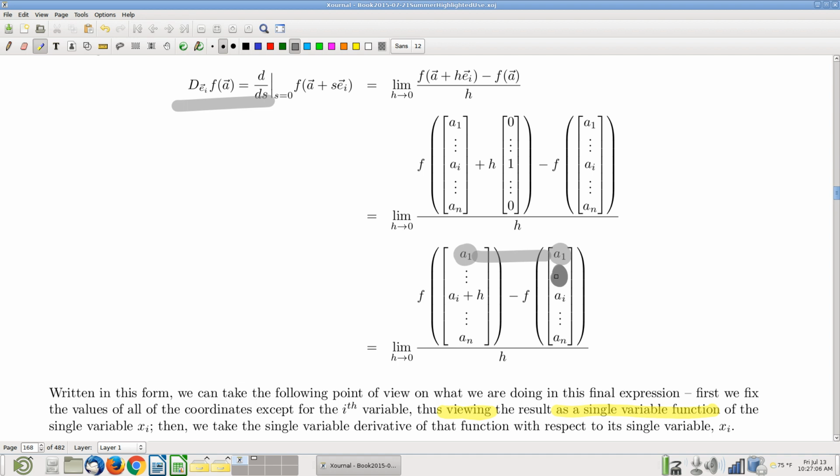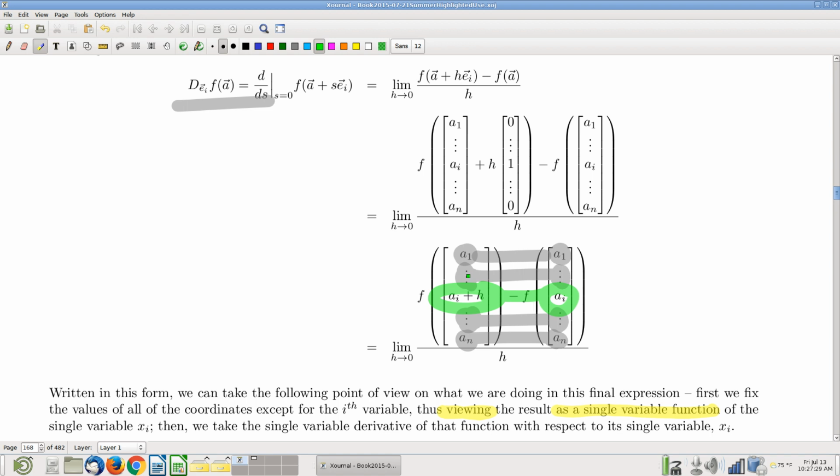Likewise, the second and so on, most of these coordinates don't change. The last coordinate doesn't change. Only one coordinate changes. That ith coordinate starts at a_i and ends at a_i plus h.